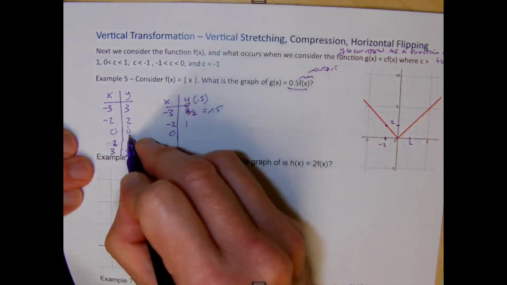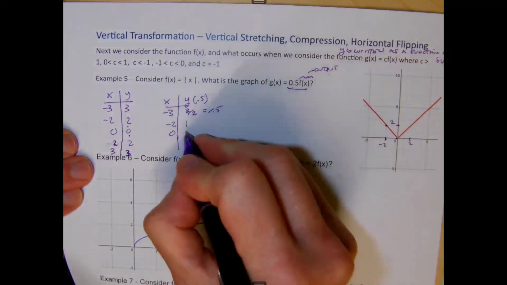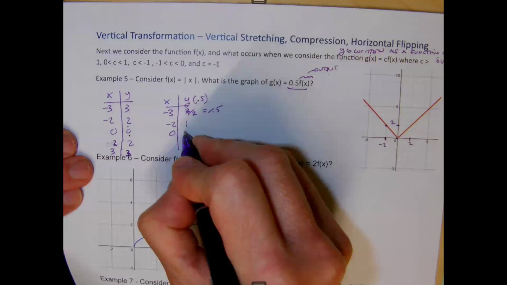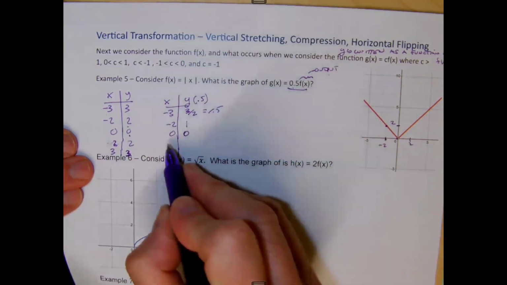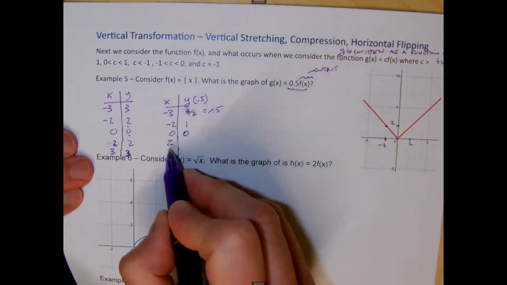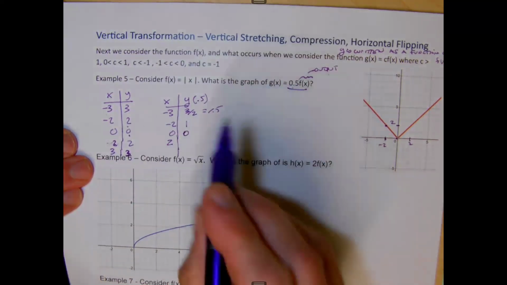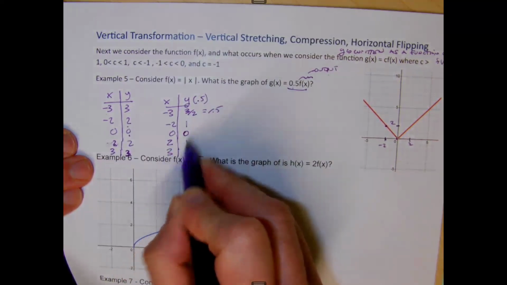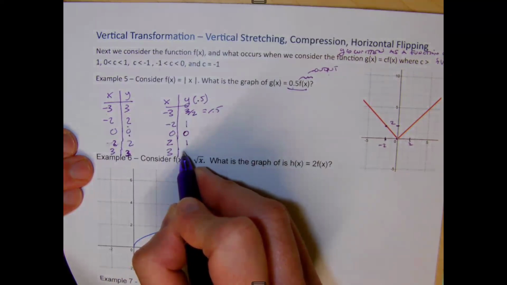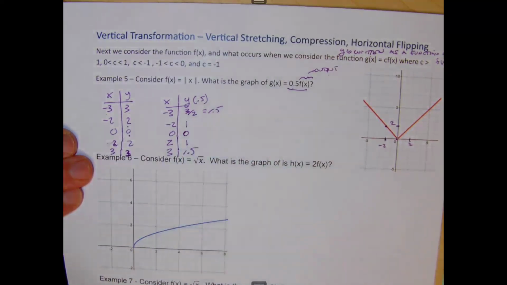0 produces 0 when I put it in here, but when I multiply it by 0.5, I get a 0. 2. The absolute value of 2 is 2. And then multiply that by a half, and I get 1. Finally, enter 3, and same thing happens. The output is a 3, multiply that by a half, and I get 1.5.